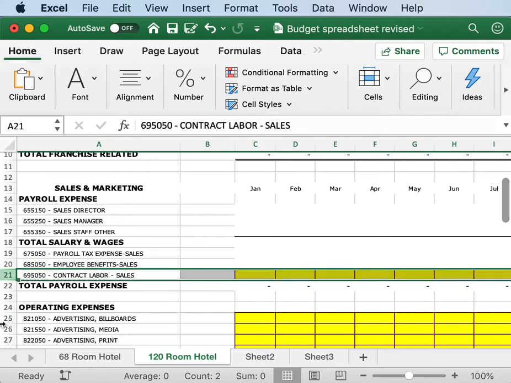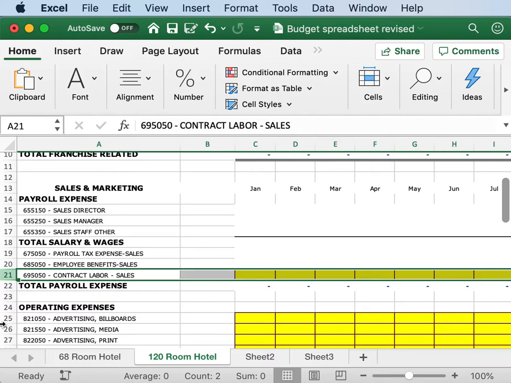The next line is contract labor. The sales department doesn't really commonly use contract labor. If they have some big old sales campaign that they're pushing out, or maybe a huge trade show that they're hosting, some really major sales expense that requires labor that wouldn't normally be staffed by the hotel, that would get coded here.